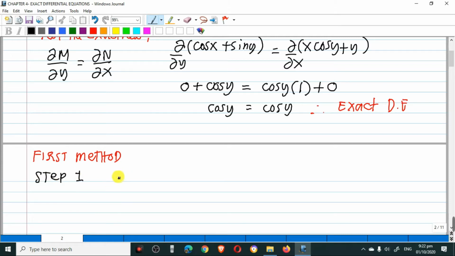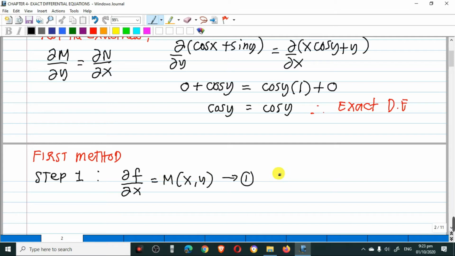We need to determine two equations here, and those two equations will come from here: the partial derivative of a function with respect to x is equal to M, in terms of x and y. We will assign this as our equation number 1.